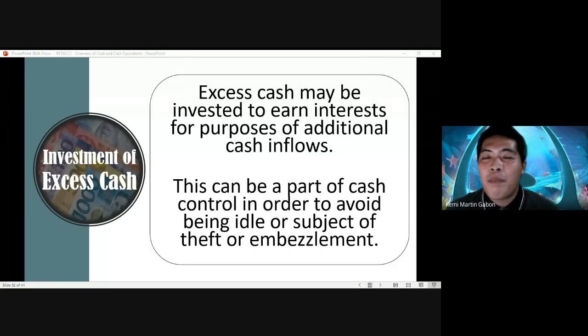Kasi alam niyo naman, pera, masilaw. Masilaw sa mata yung cash. Diba? Kindly raise hand if agree kayo dyan.